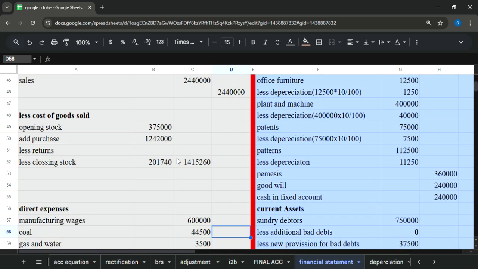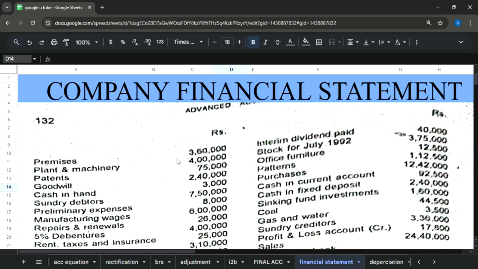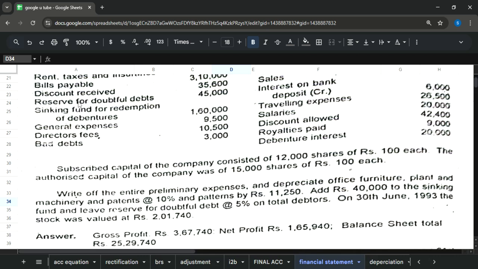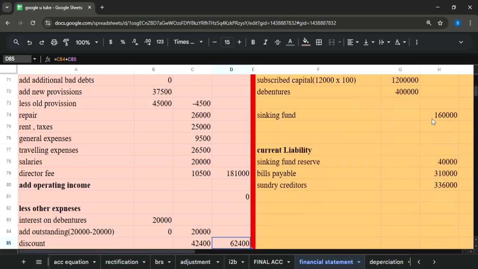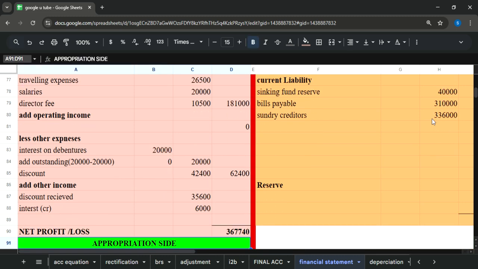Let's check it out. Discount, where it is, discount. This is discount allowed 42,400. Okay, amount is acceptable. After that we have two incomes.